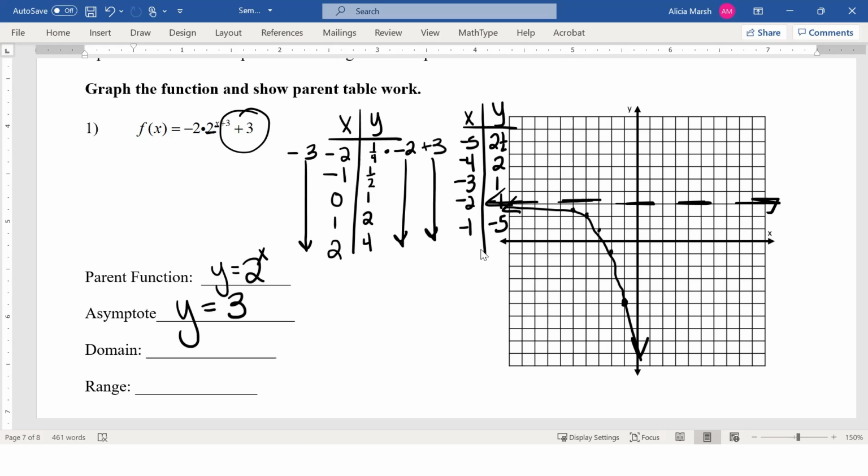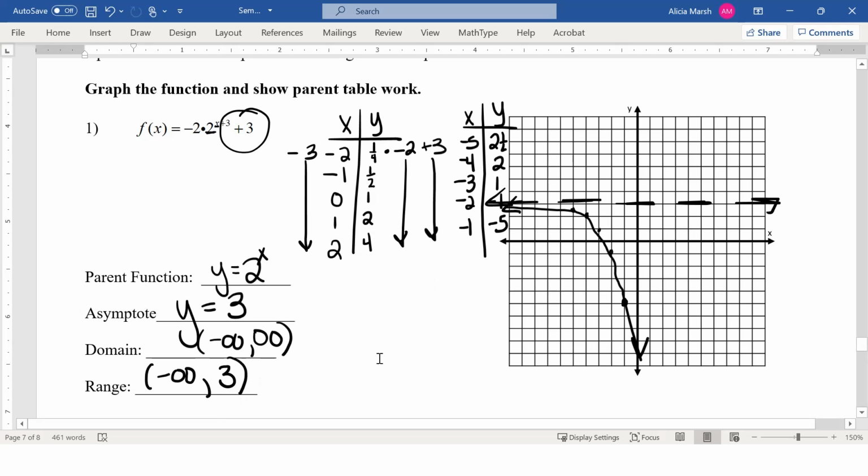And then my domain, I have to find, it goes forever in the negative direction, so negative infinity. It looks like it goes forever positive, so we're going to say negative infinity to infinity. My range looks like it goes all the way down, so we're going to say negative infinity, but it stops at 3, so we do have to note that we're stopping at 3 there.